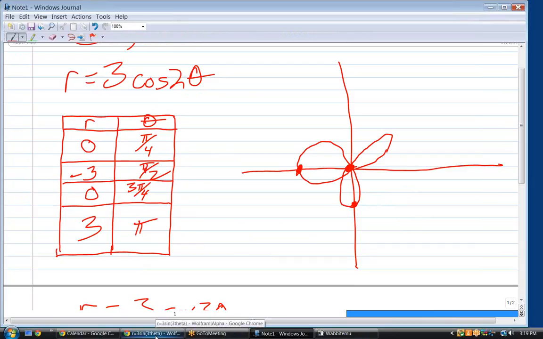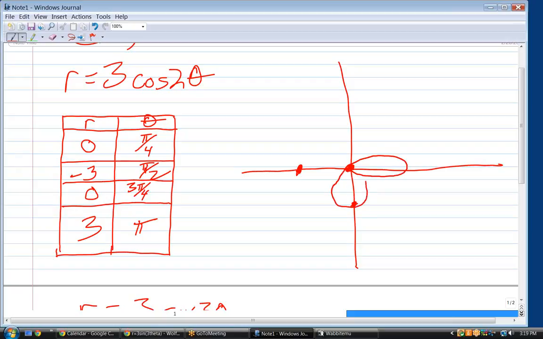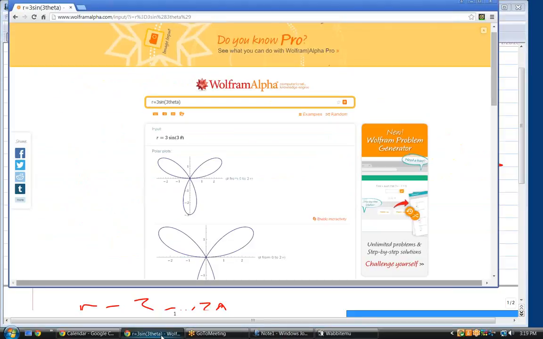That's the sine rose curve. The cosine rose curve, I believe, must go like this. I'm not sure. I'd have to graph it and see. But I know one of them stays on the x-axis and one of them clings to the y-axis.